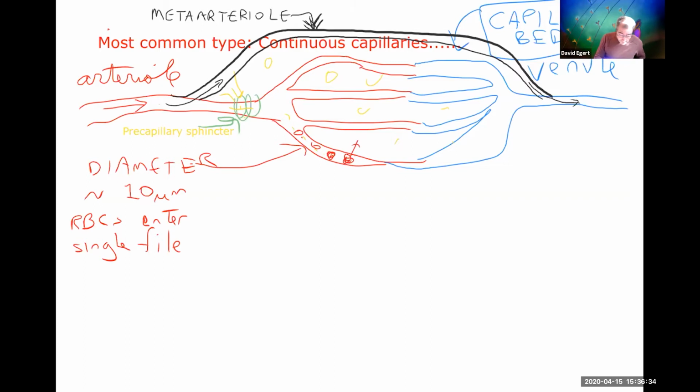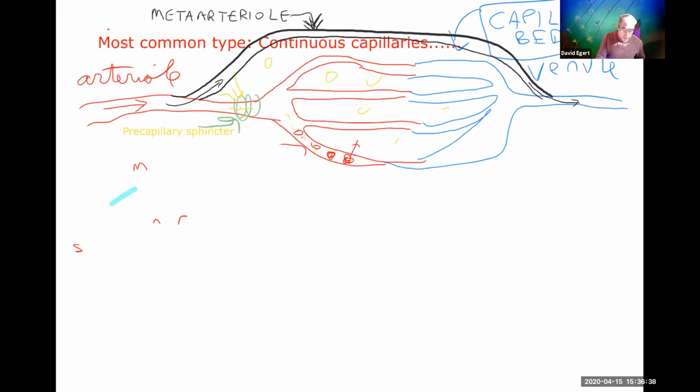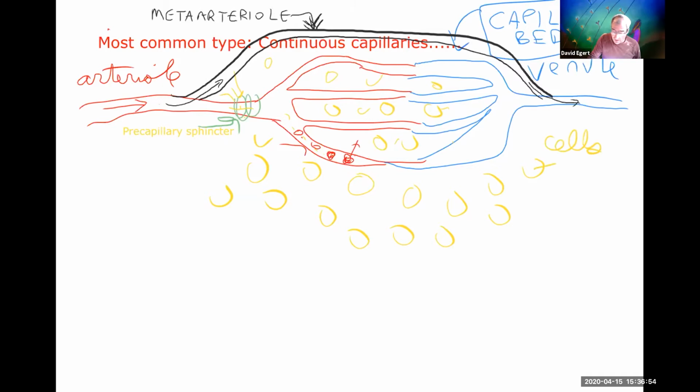So I'm going to get rid of this. All right, so these are just supposed to be cells of your tissue. And then the space in between your cells, that's the extracellular fluid.